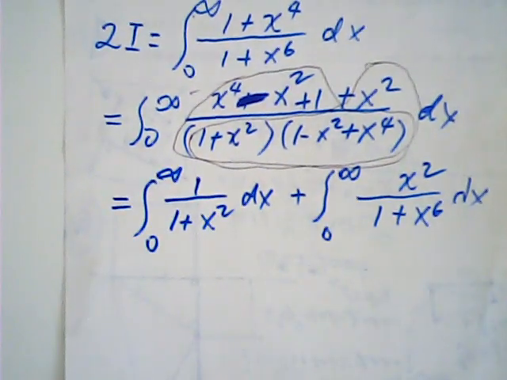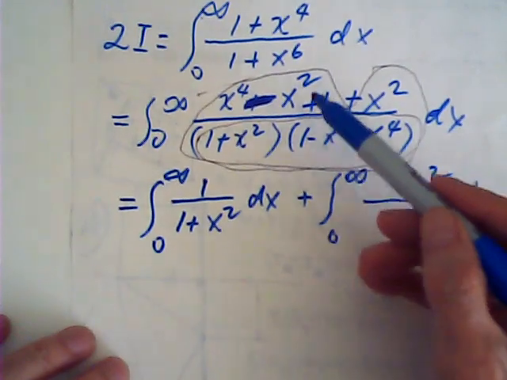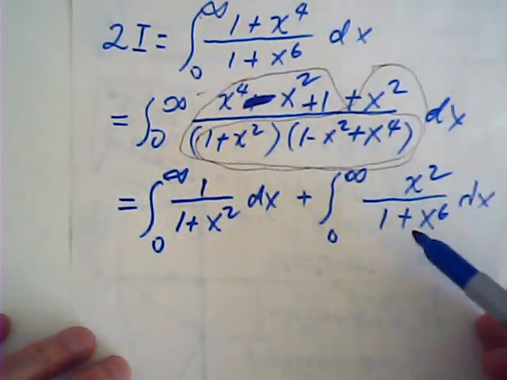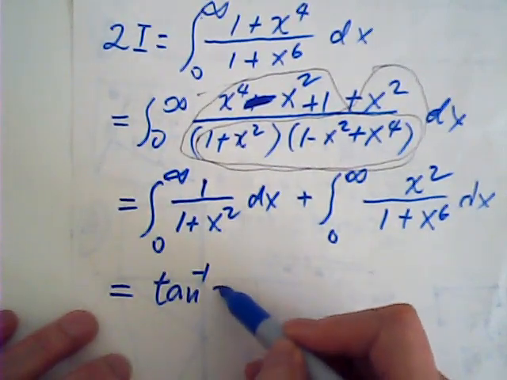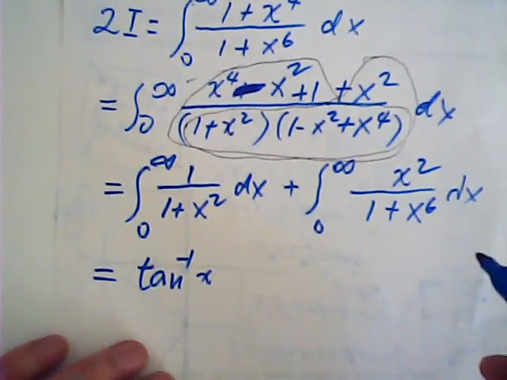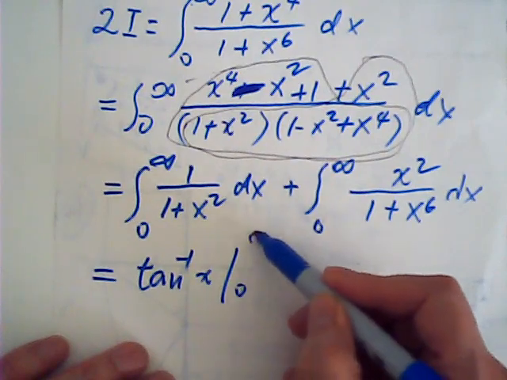Okay. Now this one is arctangent x, from 0 to infinity.